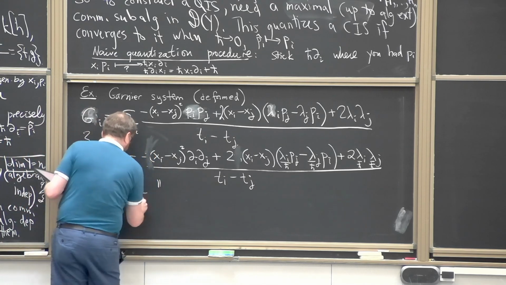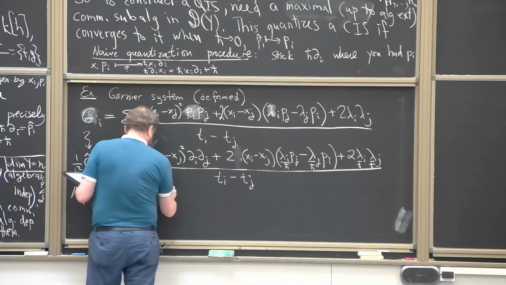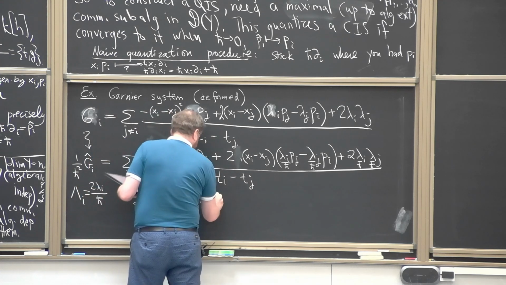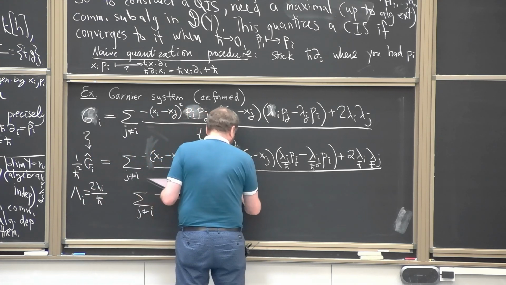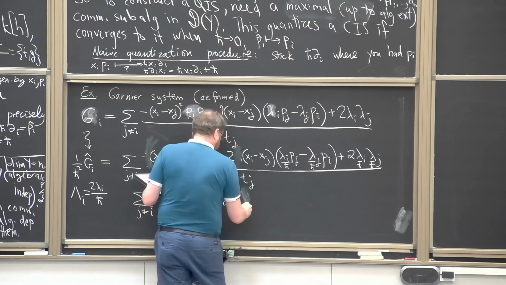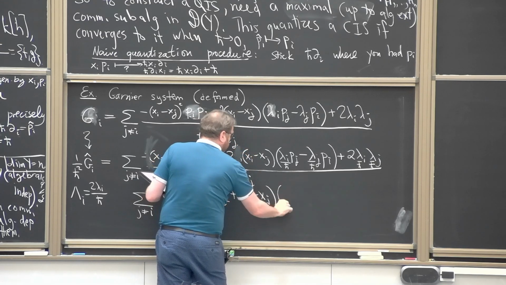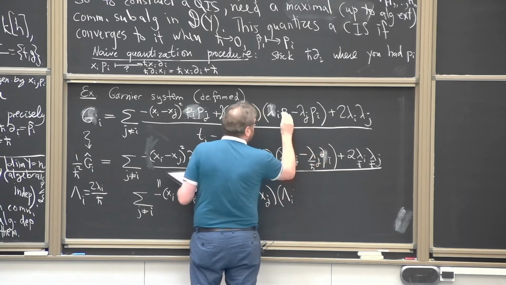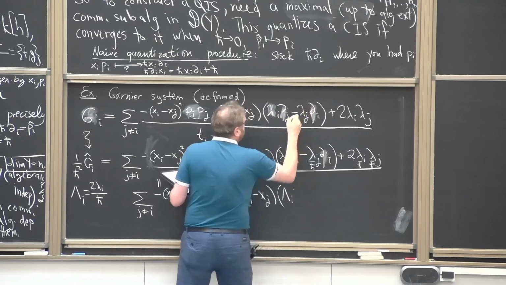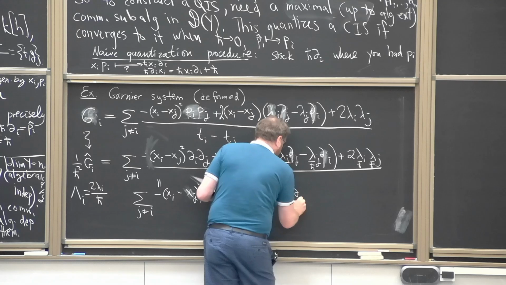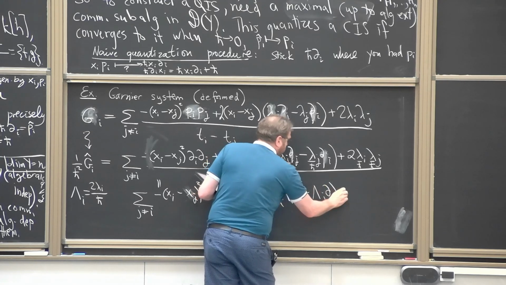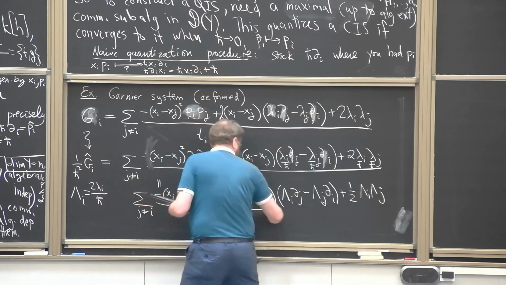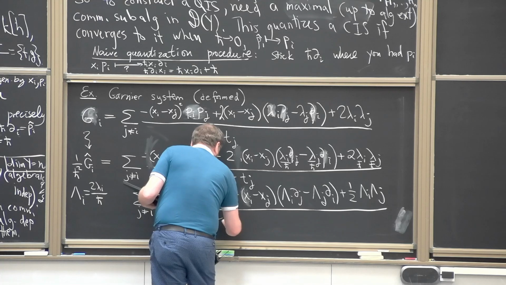And so this is going to be the sum of minus (x_i minus x_j) squared d_i d_j plus (x_i minus x_j) times (Lambda_i d_j minus Lambda_j d_i) plus one half of Lambda_i Lambda_j, and this is divided by t_i minus t_j.